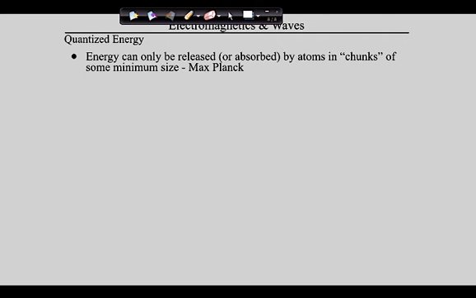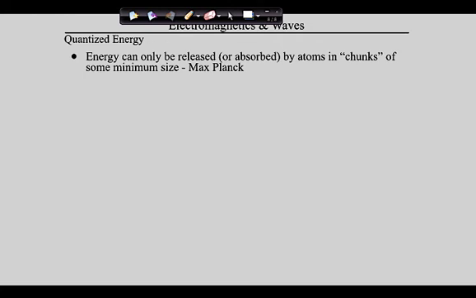And understand that Planck made this statement, proposed this idea as he was working with Bohr. And so he and Bohr are studying the light that's released by atoms. They're breaking this stuff out into spectra. They're realizing that there are dark spaces and lines.